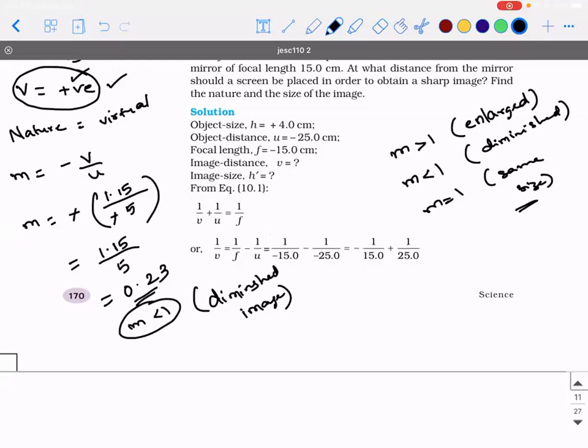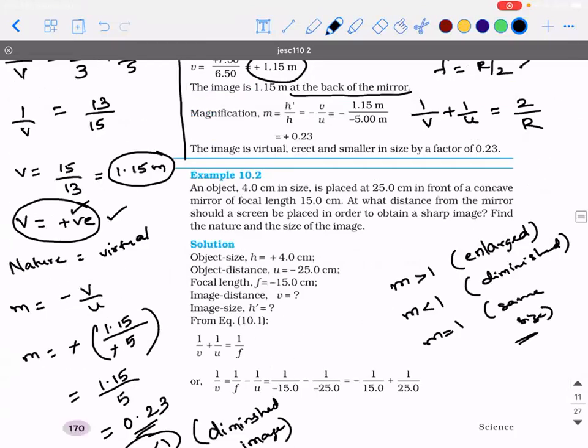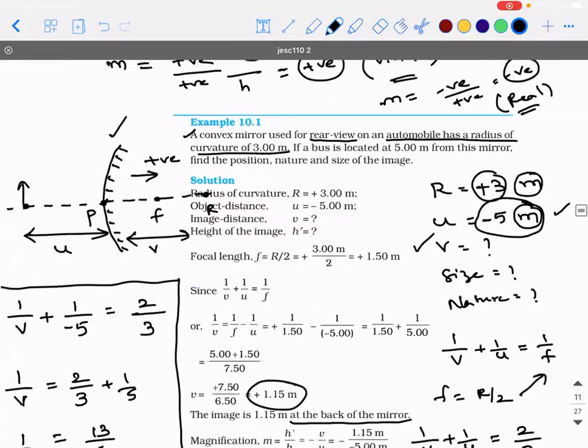Try the next one. Okay, before trying, I just want to give you a way of thinking. So here, what mirror did they use? They used a convex mirror. Last class we saw ray diagrams, right? So how many ray diagrams did we see for a concave mirror?